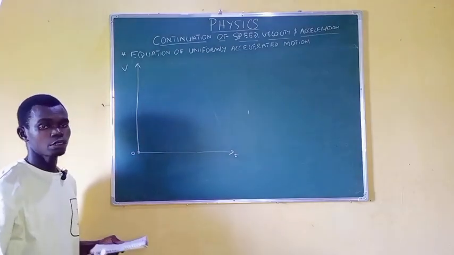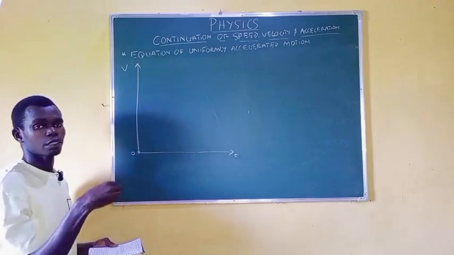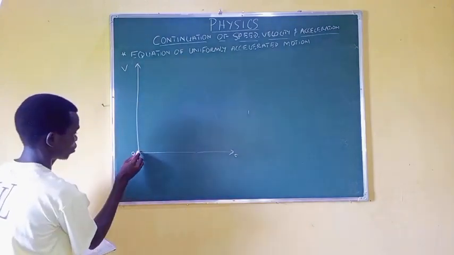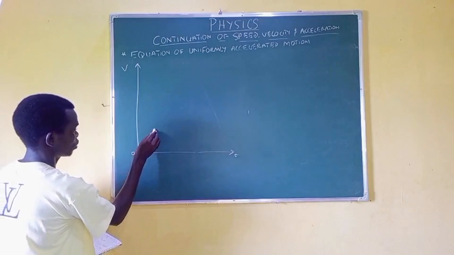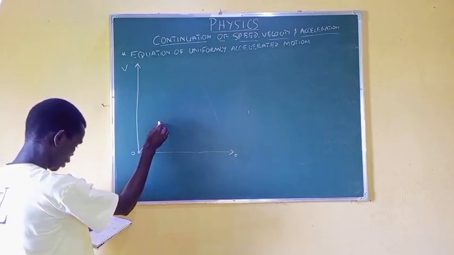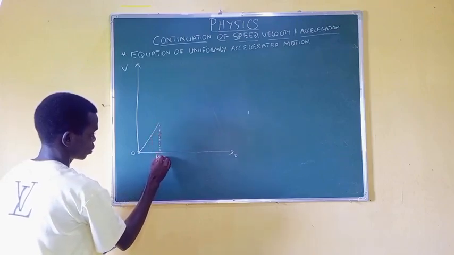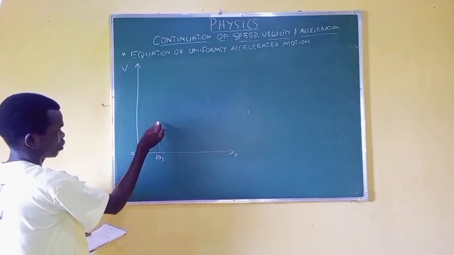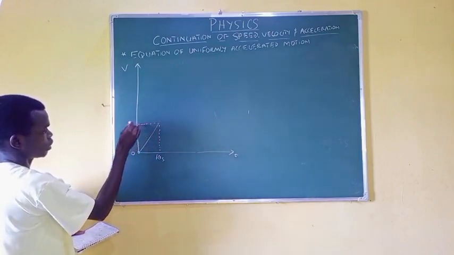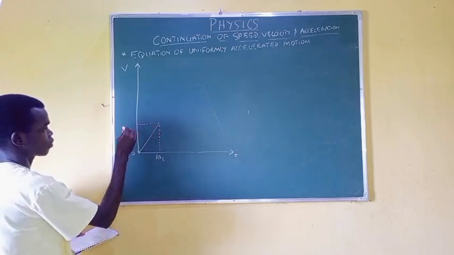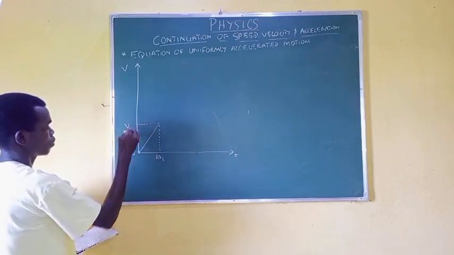I know that uniform acceleration is an increase in velocity. So here's the increase for 10 seconds. Let's assume here to be the final velocity of this first movement, which is v1.